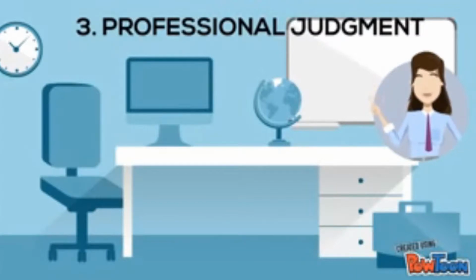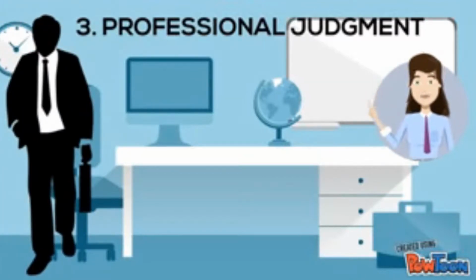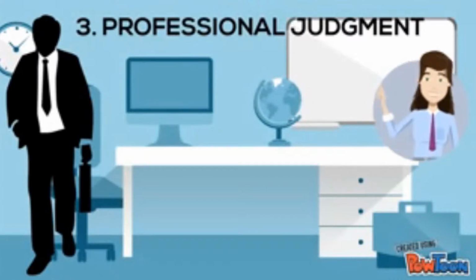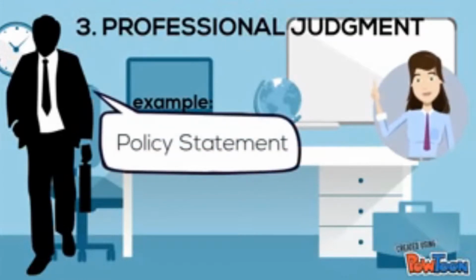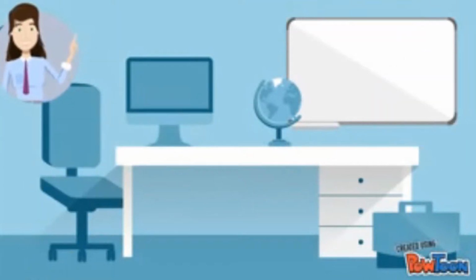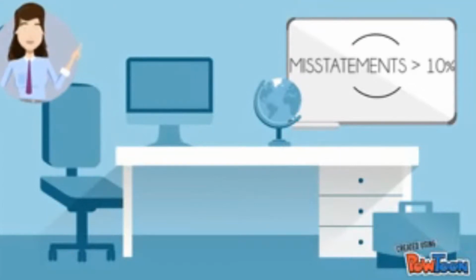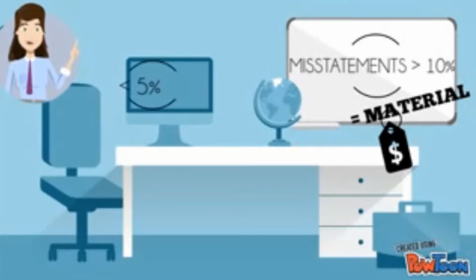Now, the third guideline is professional judgment. There are no specific rules or standards provided in determining materiality. It requires considerable professional judgment by practitioners. For example, a policy statement of a firm: the combined total of misstatements in the financial statements exceeding 10% is normally considered material.